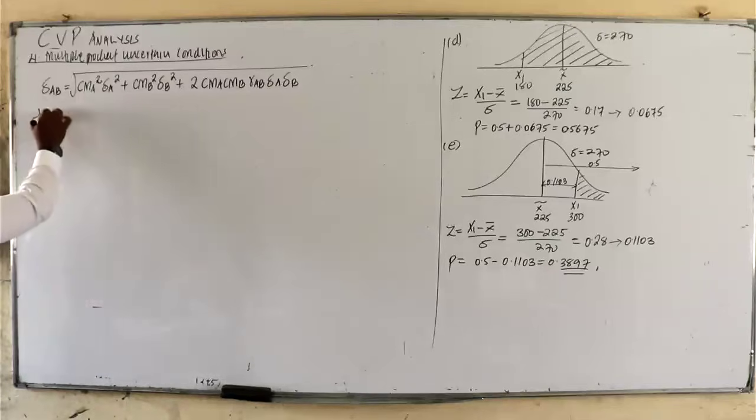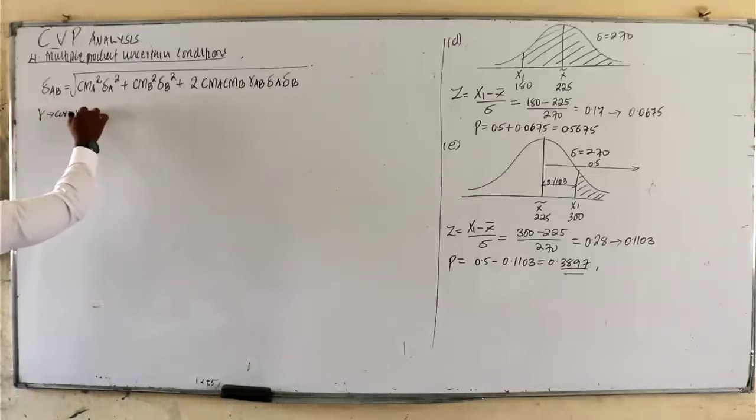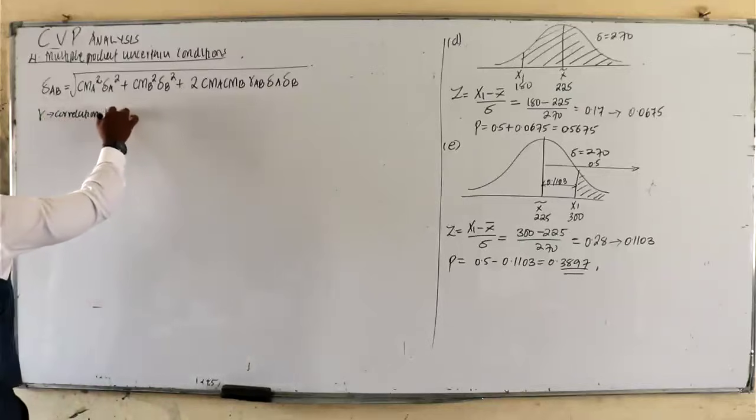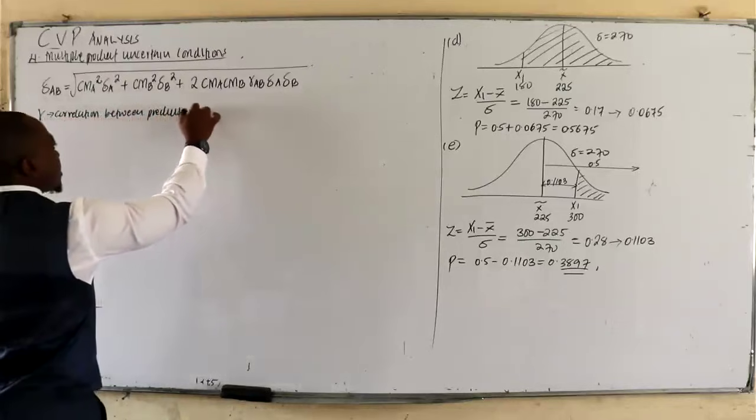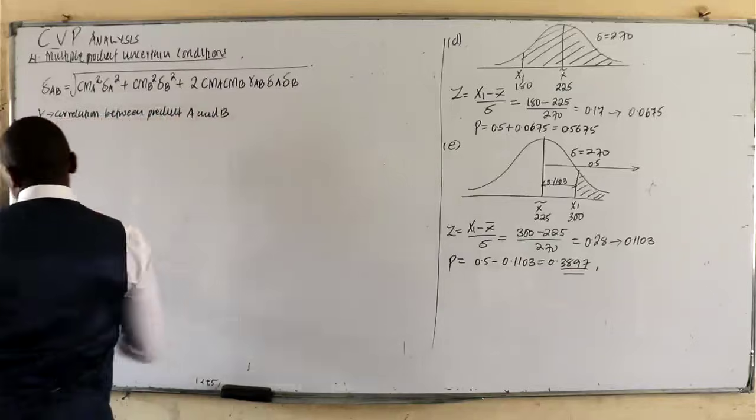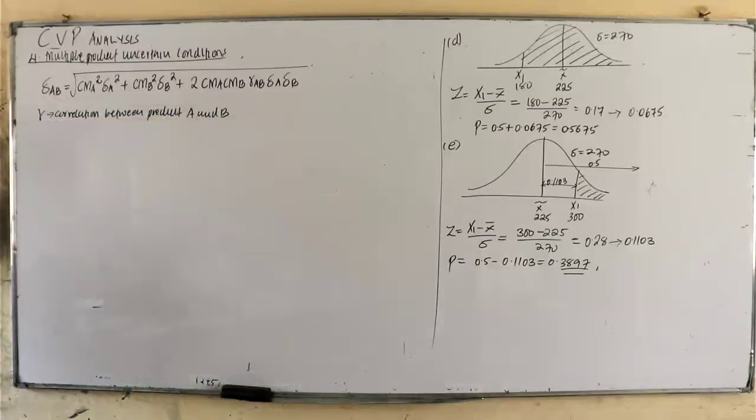Where R is the correlation between product A and product B.